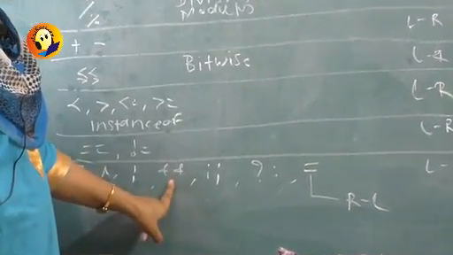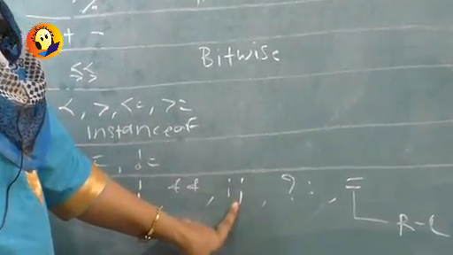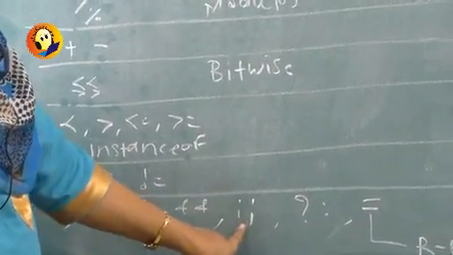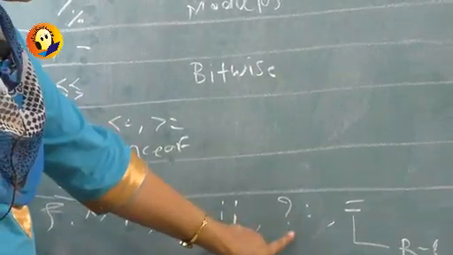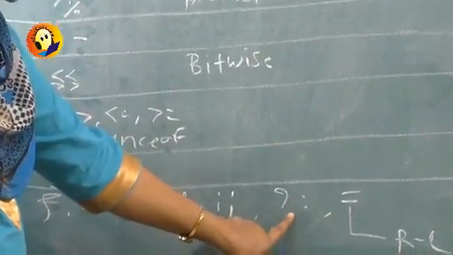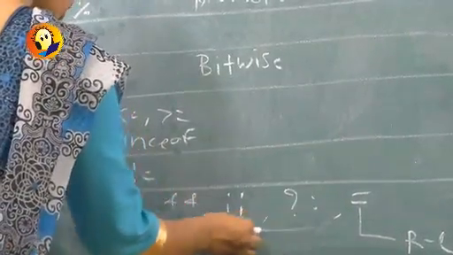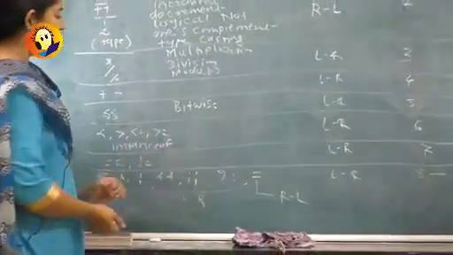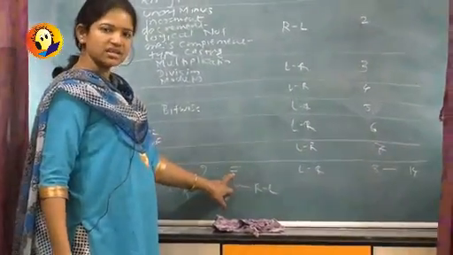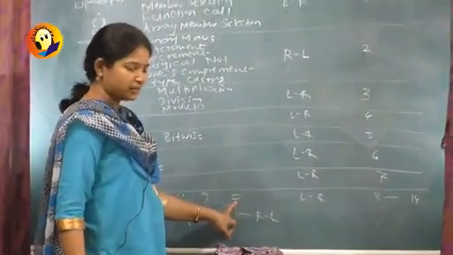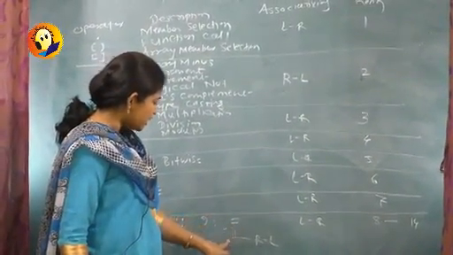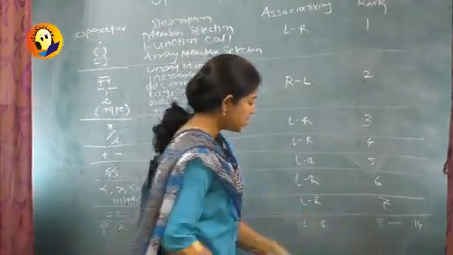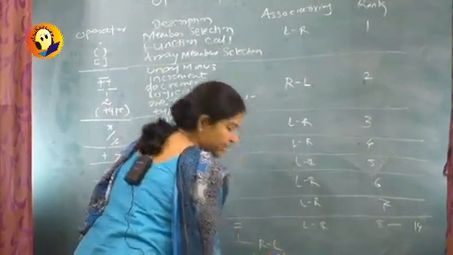After that logical and logical OR, these two operators are there, and priority for logical AND is 11, priority for logical OR is 12. After that conditional operator is at priority 13, and associativity for all these operations is from left to right, whereas the last operator is assignment operator. Associativity for assignment operator is from right to left, and its ranking is the lowest, that is 14.